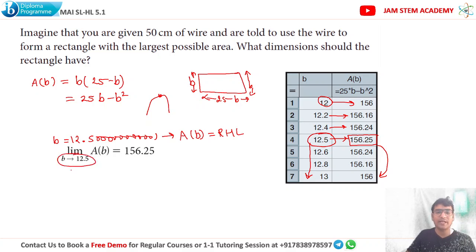Approaches 12.5 clearly means it is not 12.5, it is almost 12.5, and that gives us 156.25. In this way we can calculate the value of a function in the neighborhood. That is the concept of limits.